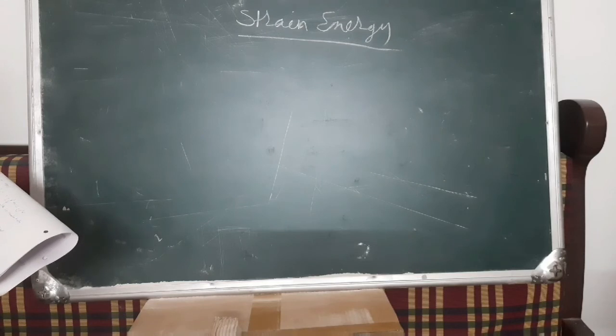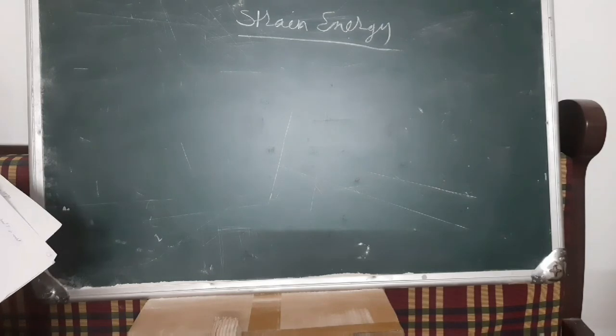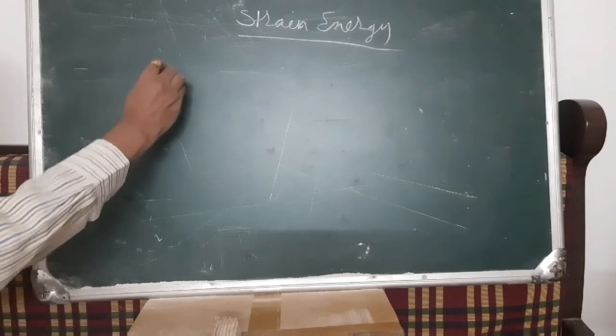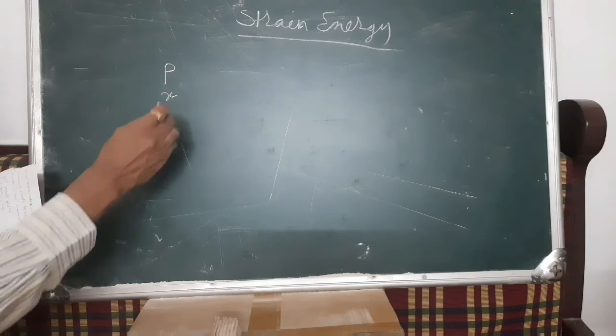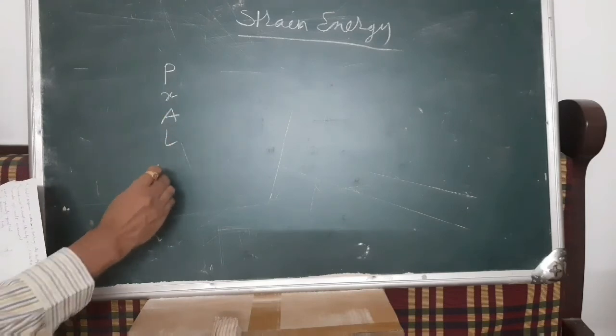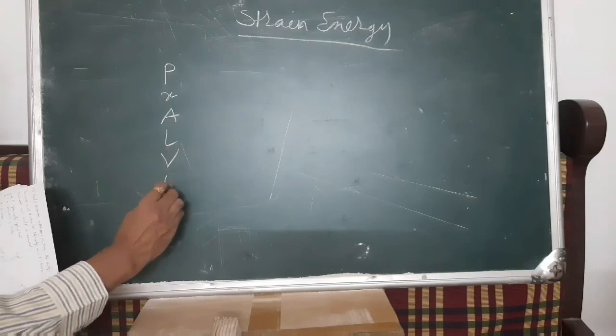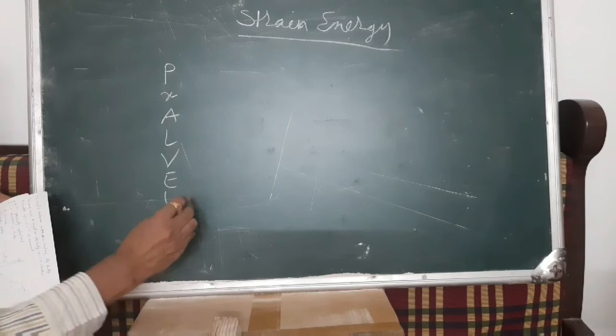Let P be the load applied, x be the extension, A be the cross sectional area, L be the length, V be the volume, E be the Young's modulus of elasticity, U be the strain energy, and sigma be the stress.